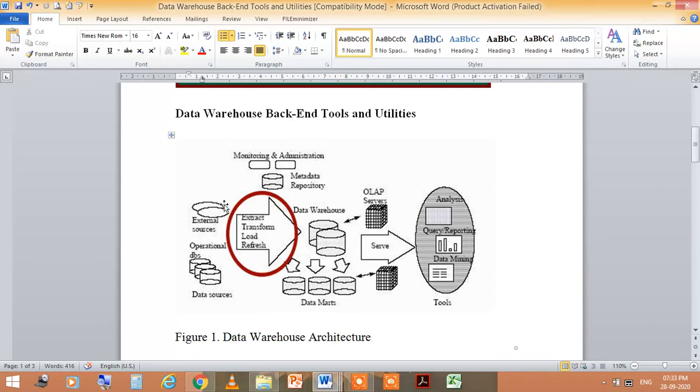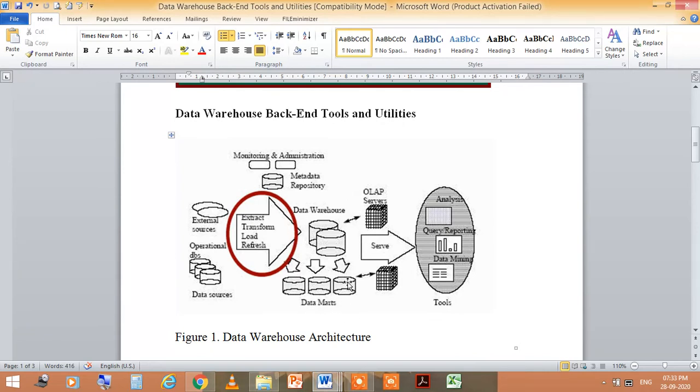And this data is transformed for some purpose, as you see here in this circle: extract, transform, load, and refresh. So this data which comes from the heterogeneous sources is extracted, transformed, and stored in the warehouse.